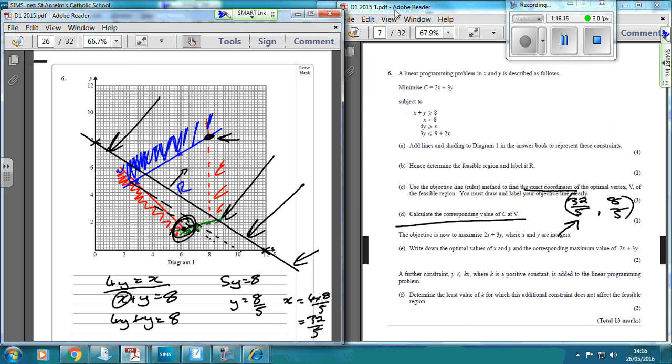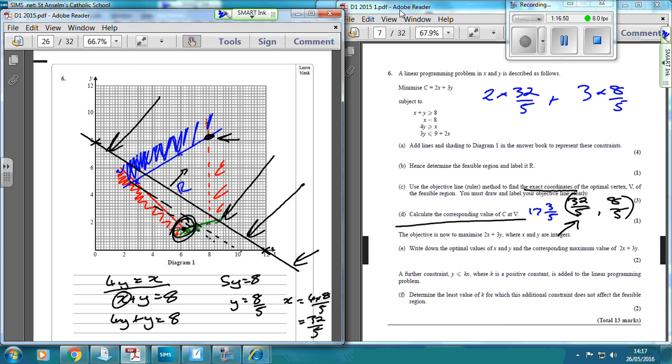So I do 2 lots of 32 over 5 plus 3 lots of 8 over 5. And if you do that on the calculator, we get 17 and 3/5.